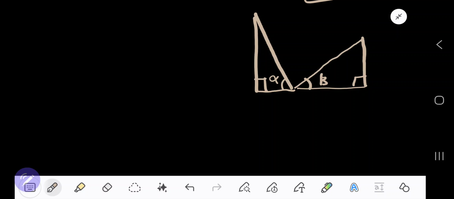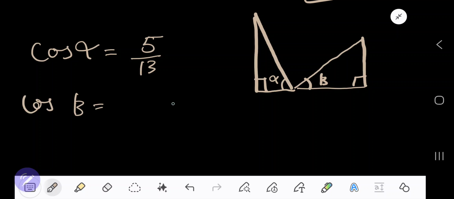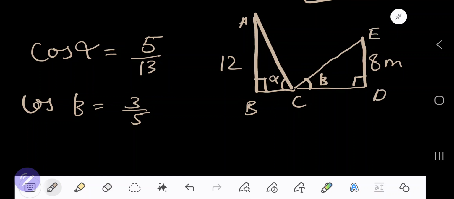In this, cos alpha, they've given us the value as 5 over 13, and cos beta, they've given us the value as 3 over 5. They've given this side as 12, and this side as 8. Let me just label these.